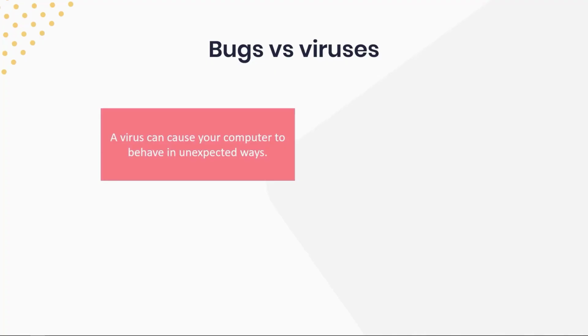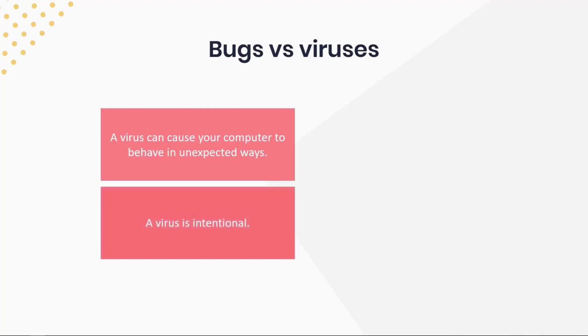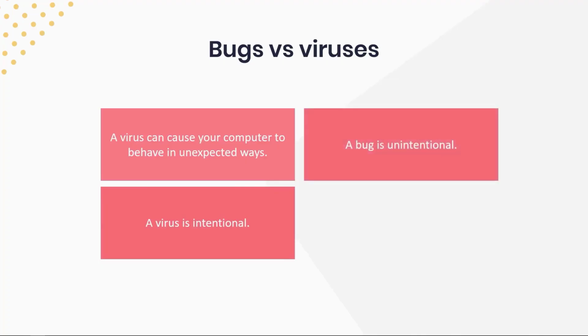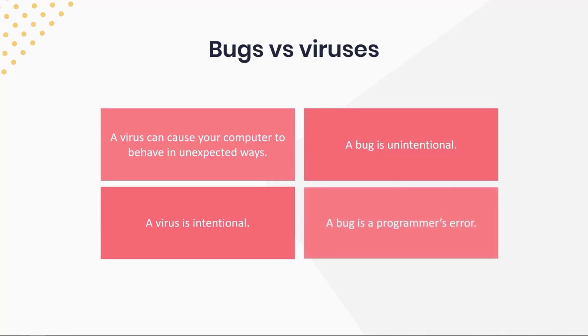It can make your computer's fans sound like a jet that's about to take off while the CPU and GPU are busy mining Bitcoin for someone else at your expense. It is, however, technically not a bug, because the malicious developer actually meant for your computer to behave like that. A bug, on the other hand, is purely unintentional. It is an error on the part of the programmer.